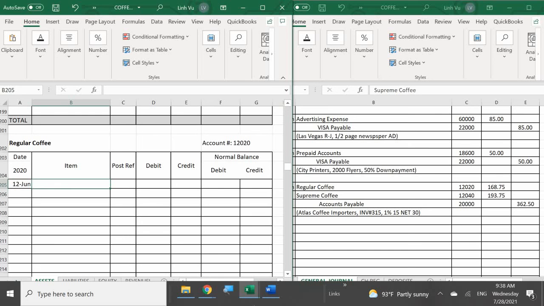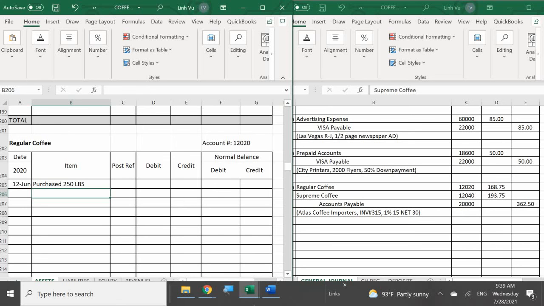Items we purchased: 250 pounds, right? You don't need to write coffee because we're already in the coffee account, so it's clear that you are purchasing 250 pounds.